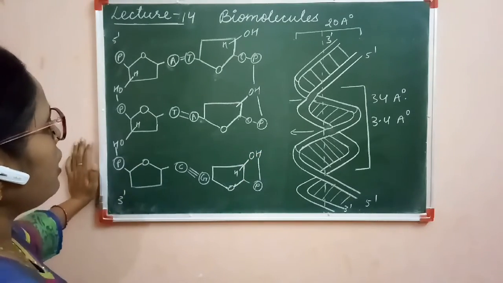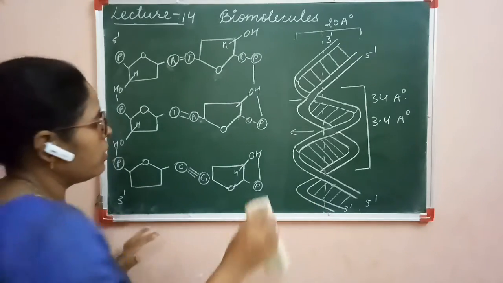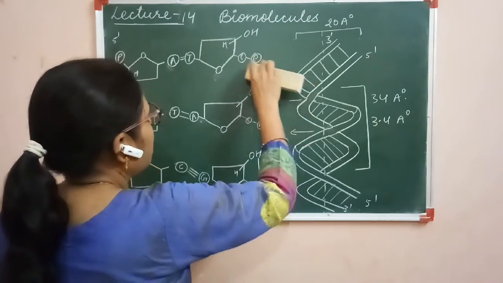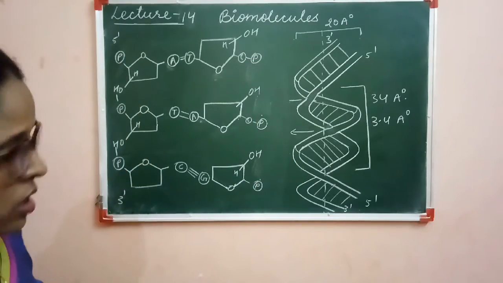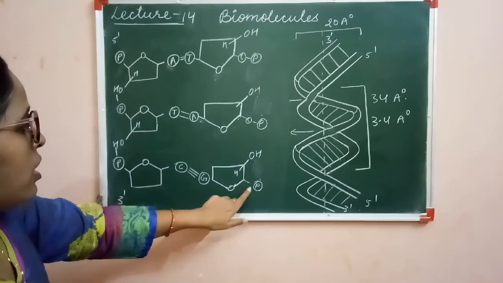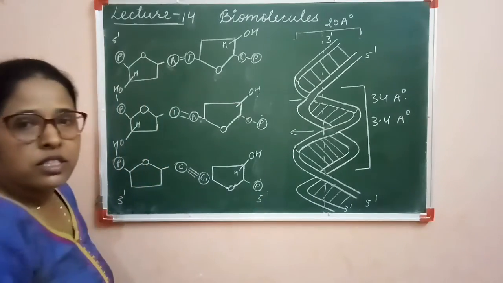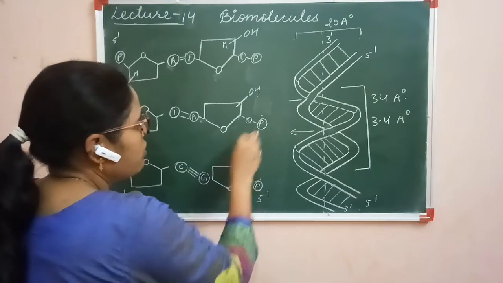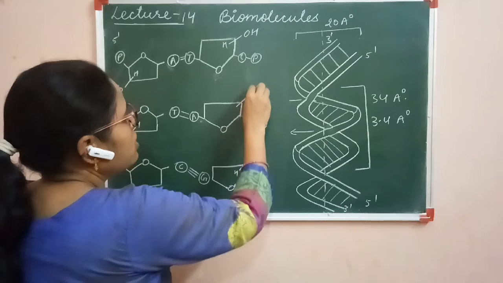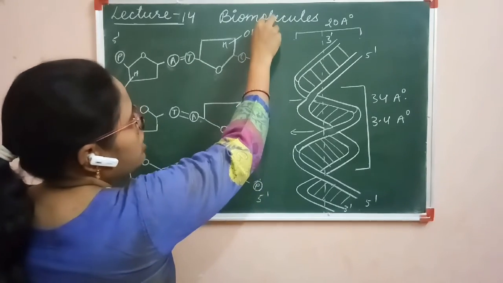Clear? So in case of this one, just a minute, the bonding is not like this. In case of this, the 5th carbon is free. Here, this is the 5th carbon, and this 5th carbon is free. This bonds with this, this with this, and this with this, and the 3rd carbon is found free.